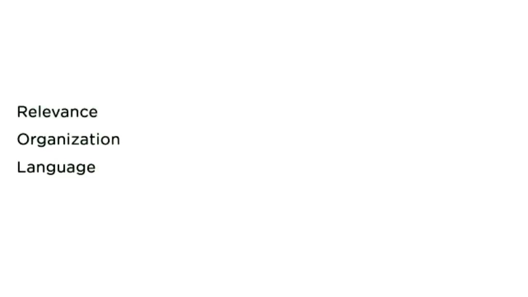And what it actually looks for is grammar, mechanics, language use, the organization of your writing, and the development of your ideas. So relevance, organization, and language are the main things that you want to focus on.